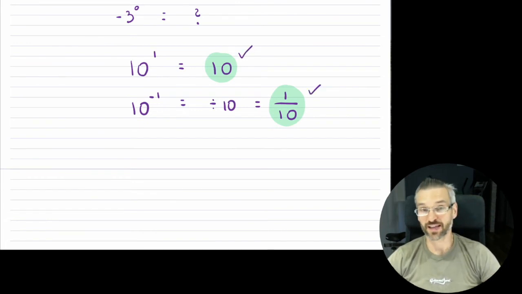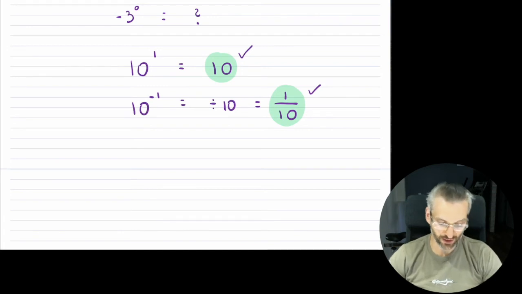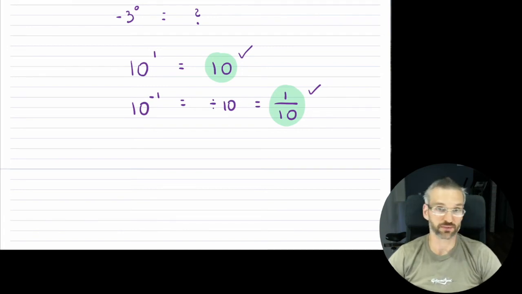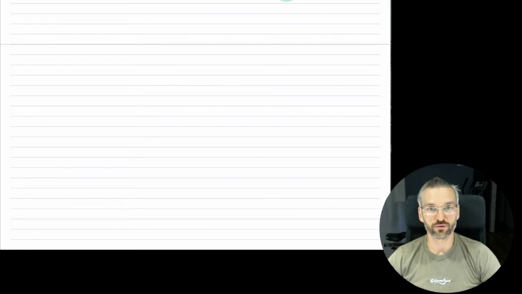Well, if I take 10 and I divide by 10, my answer is going to be 1, because 10 divided by 10 is 1. And I could have done this with anything, right? I could have said 2 divided by 2. You wouldn't really argue that it is still 1. And that brings about this component of 0. Okay? So exponent of 0.